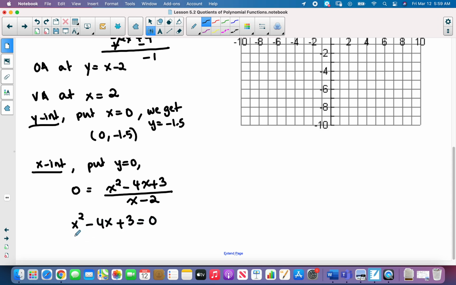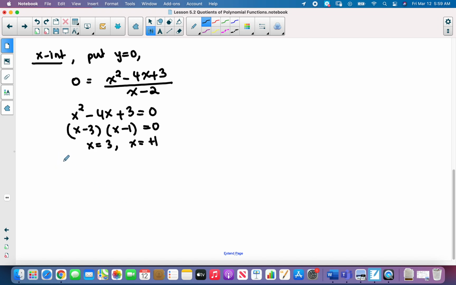We can factor this as x minus 3 times x minus 1 equals 0. So x equals 3, or x equals 1. So we have 2 points here, 3 comma 0 and 1 comma 0, right? And so that gives us sufficient points to sketch this function.